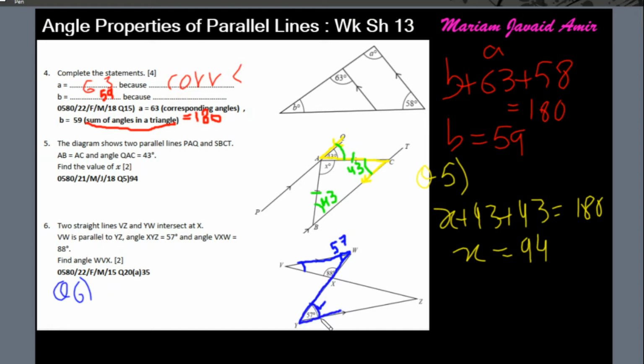Alternate angles are equal. So we need the angle WVX. Let's call this x. So to solve this, we'll write x plus 57 plus 88 equals 180, and subtract 57 and 88 from 180, which is 35.